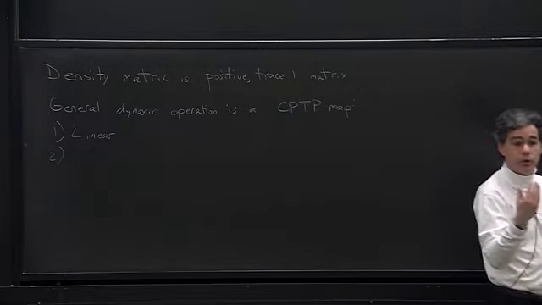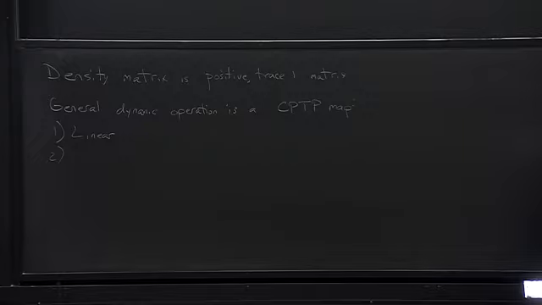But you can take the average of two density matrices, for instance, or P0 times rho 0 plus P1 times rho 1. And when P0 plus P1 equals 1, then that's a well-defined density matrix. But what it represents is not a superposition of rho 0 and rho 1. It represents a probabilistic mixture, where with probability P0 you take rho 0 and with probability P1 you take rho 1.